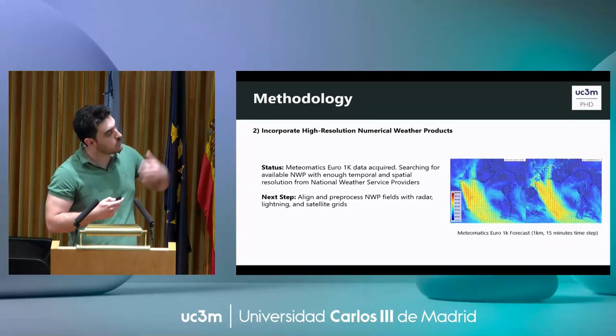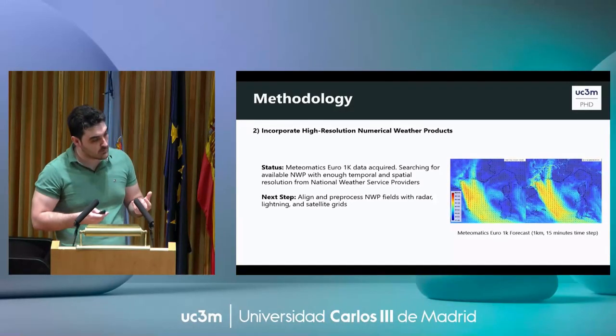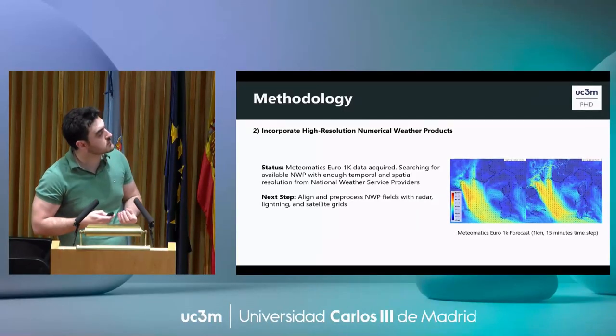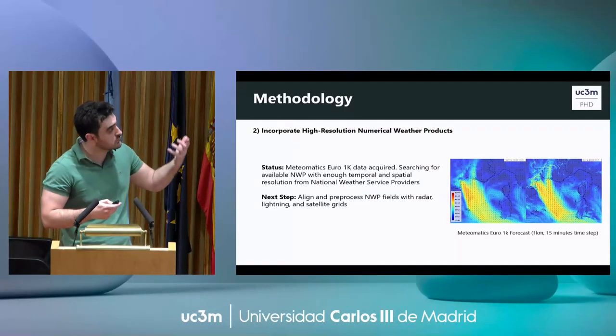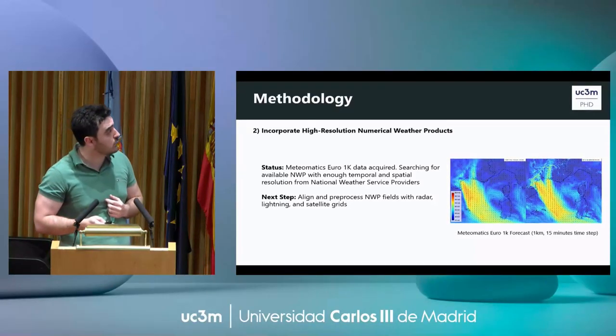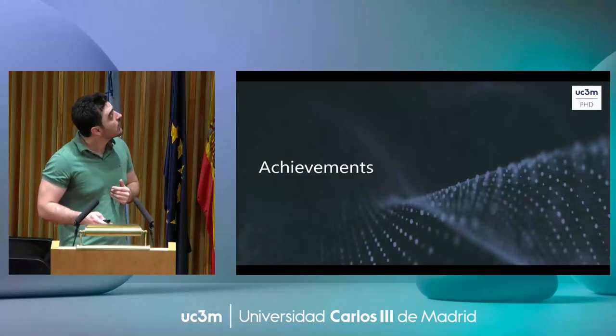So I will use this forecast as an experiment to prove that this idea works, but when it comes to deploying from an industrial point of view, we will need to align with the national weather service providers.